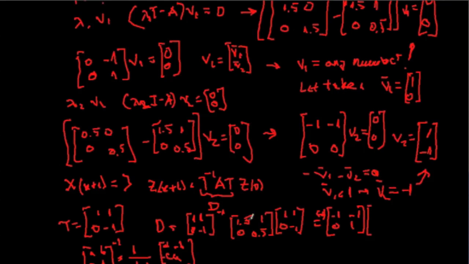Let us calculate these two matrices, and this is going to be 1.5, 0.5, and this is 0, minus 0.5, and finally when we multiply these two matrices, it becomes 1.5, 0, 0, 0.5. We can check that this element multiplied by this gives this element. Finally we get D. So this is D.